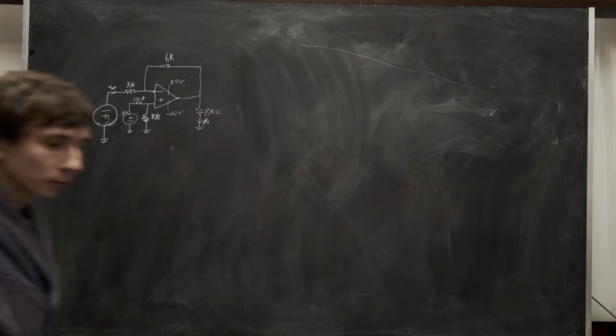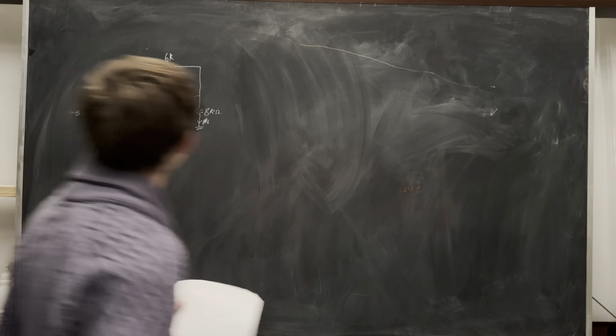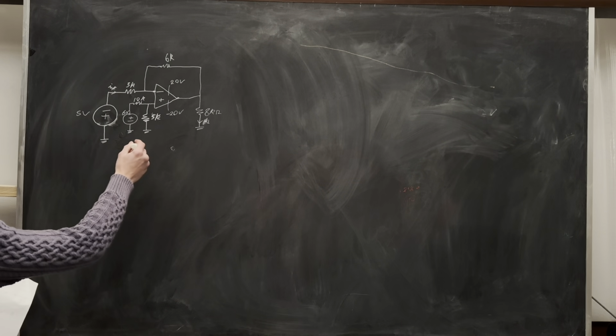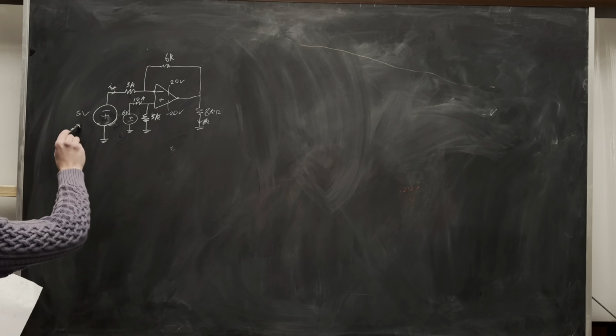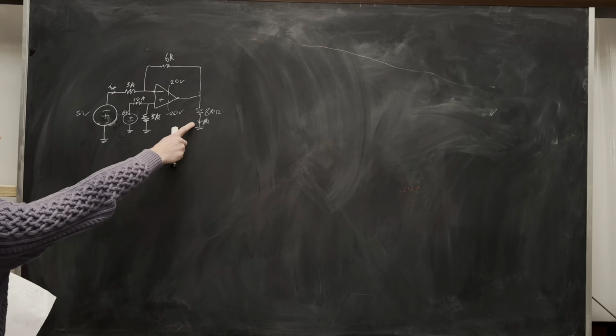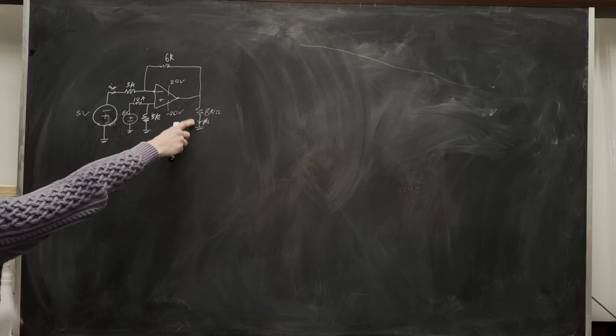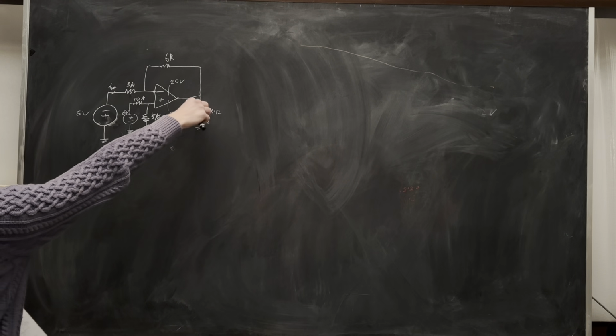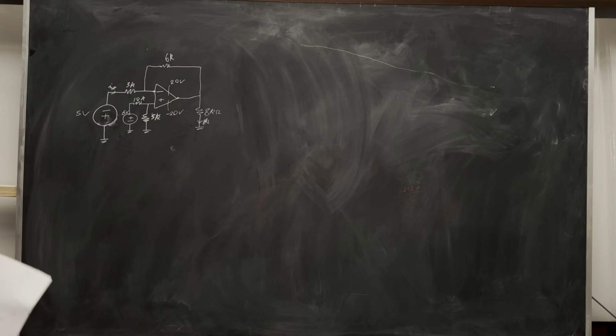Okay, first op amp problem. So we have this network, 5-volt source here, 6-volt source here. We're asked to find IL going through this load resistor here at the output of the op amp.